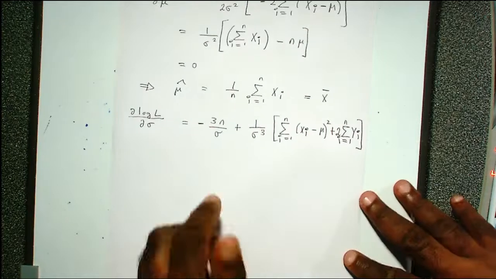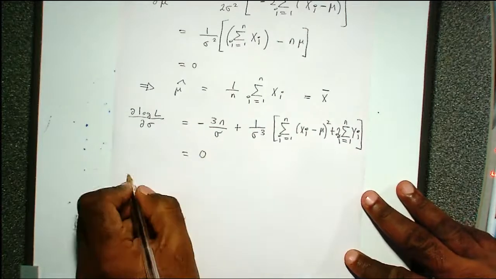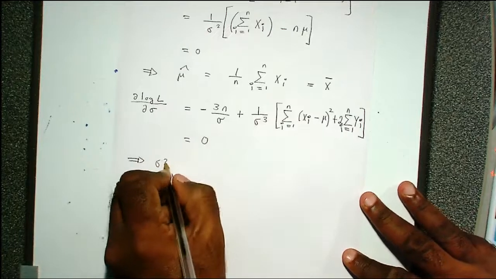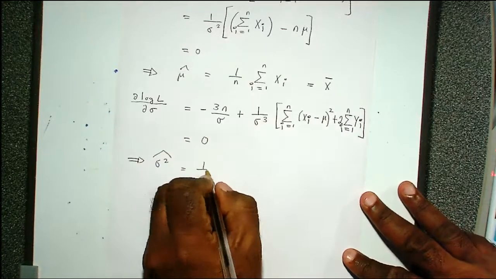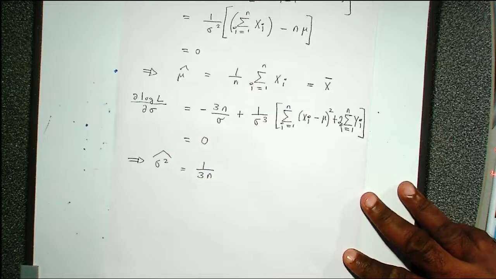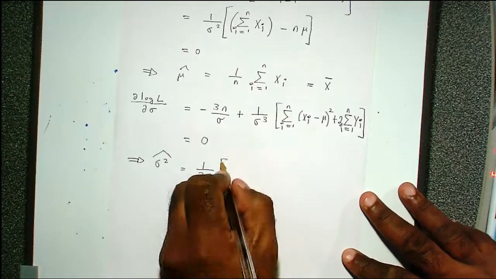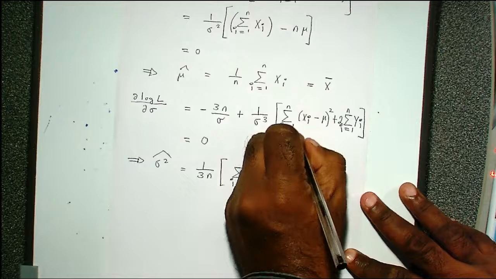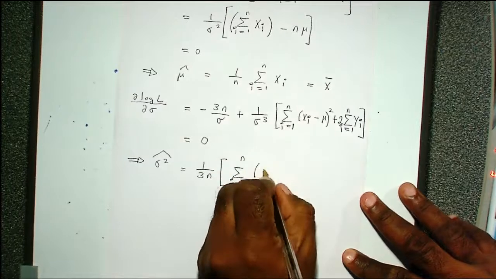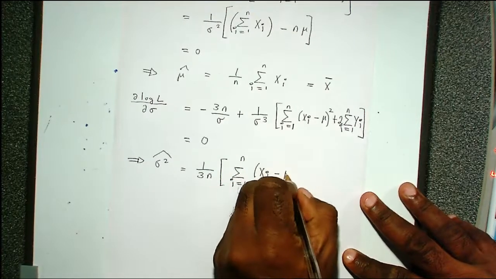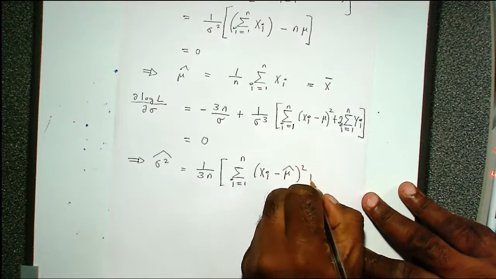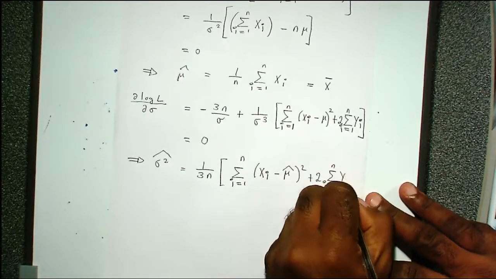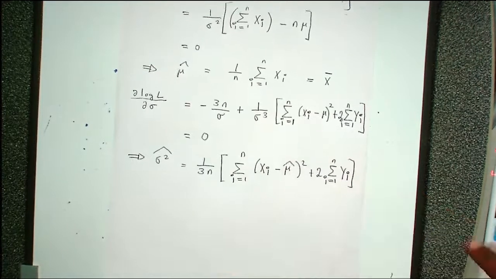You set this to 0 and solve for sigma, or sigma squared in this case. It's easier. So sigma squared hat will be equal to 1 divided by 3n times this.